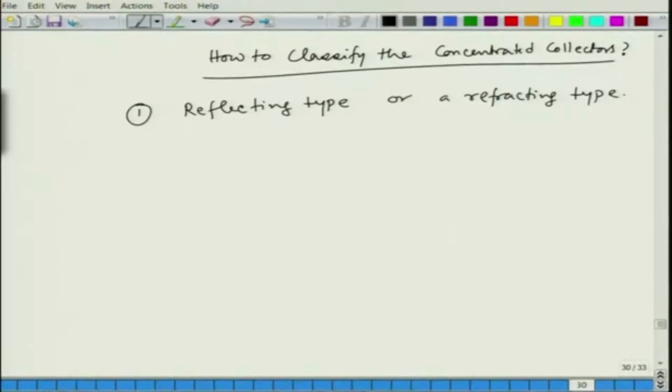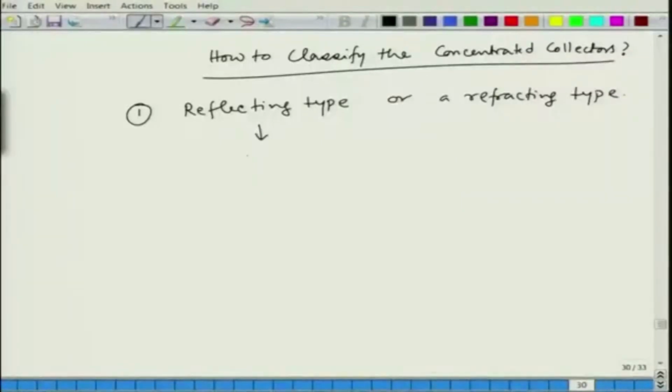So, it is possible that there are lots of reflectors and all of them are reflecting to a certain point. That is how the concentration is getting achieved, or a large surface, each portion of the surface is reflecting the solar radiation to a certain point or certain area. So, that is how the concentration is achieved.